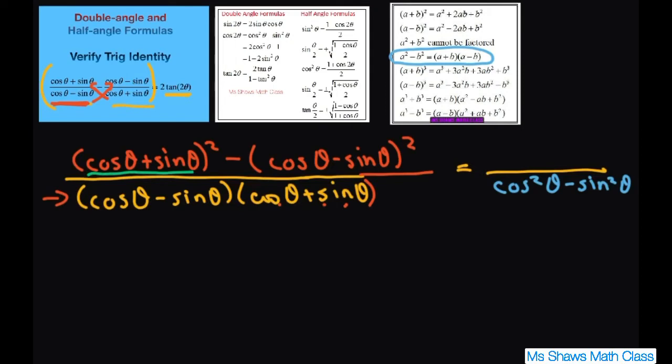So the first one, using our perfect square trinomial, and just expand it, write it out, and that gives you cosine squared of theta plus 2 cosine theta sine theta plus sine squared of theta.